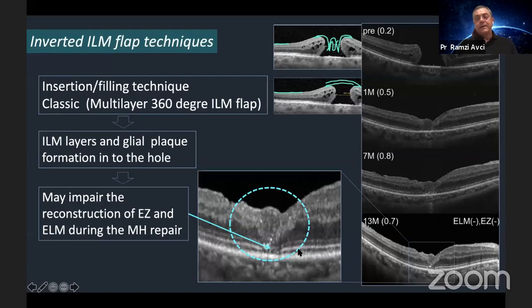With the peeling technique, we obtain good anatomic results, but not good functional results. Therefore, we should keep the whole area during closure free of vitreous, free of other materials.